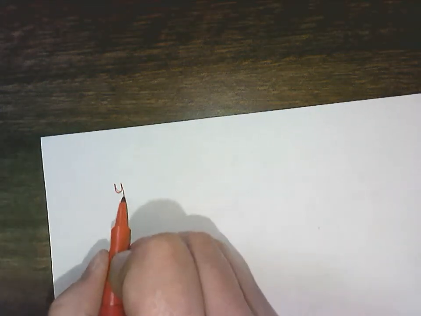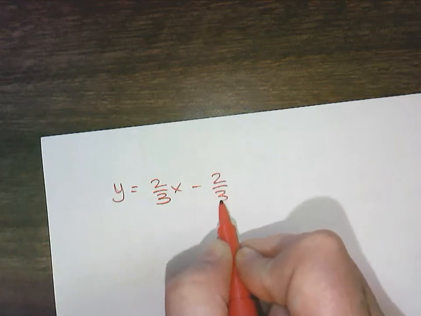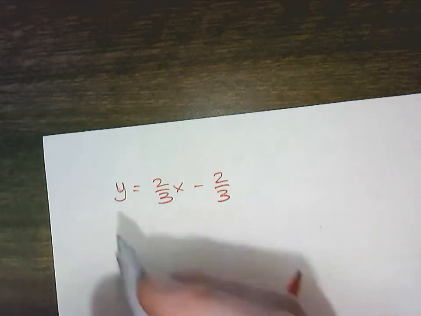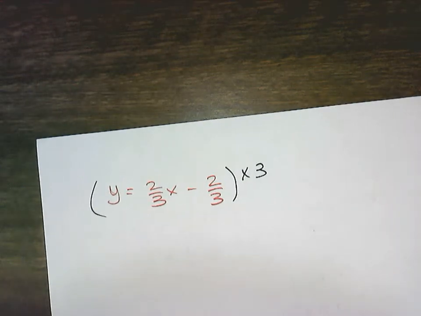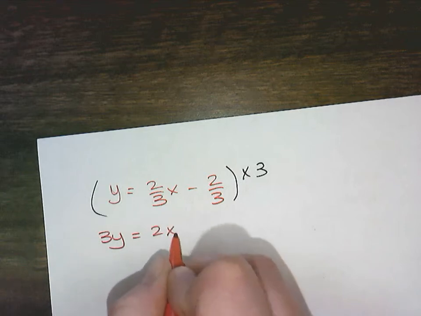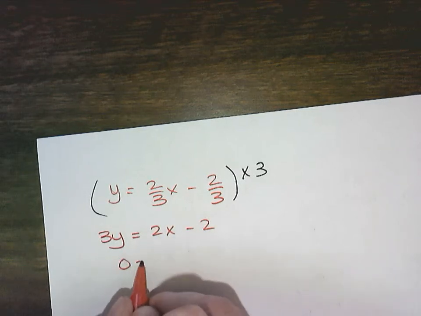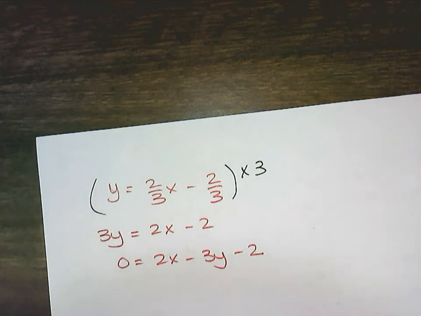So I'm going to take y equals 2/3 x minus 2/3, and I'm going to multiply everything by 3. That gives me 3y equals 2x minus 2, or 0 equals 2x minus 3y minus 2. And we're finished. Ta-da!